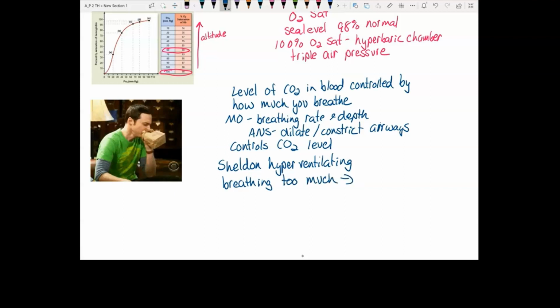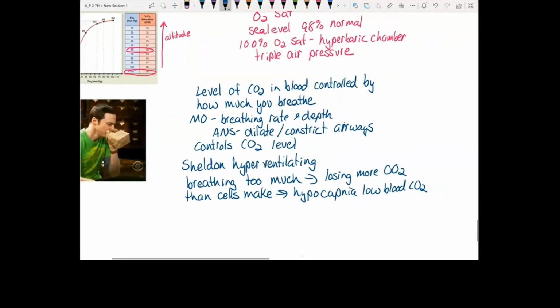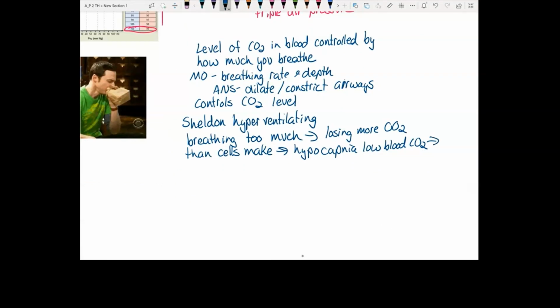If he's breathing too much, he is losing more carbon dioxide than his cells are making. This means he has hypocapnia, which means low blood carbon dioxide. So if his blood carbon dioxide is low, that means his pH is too high.